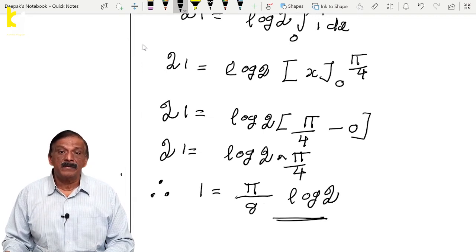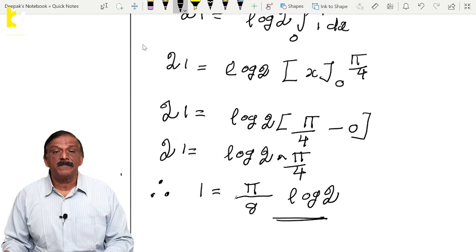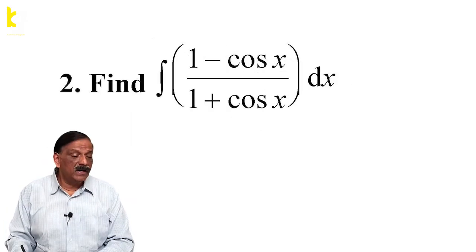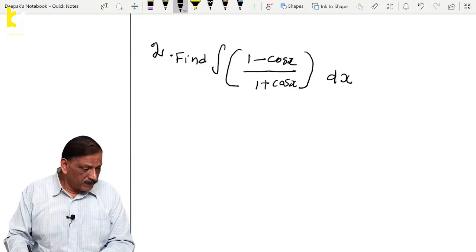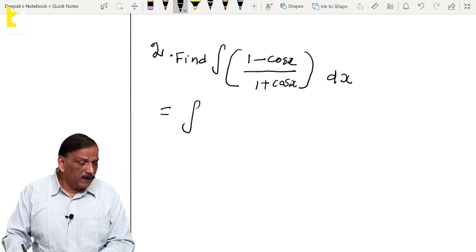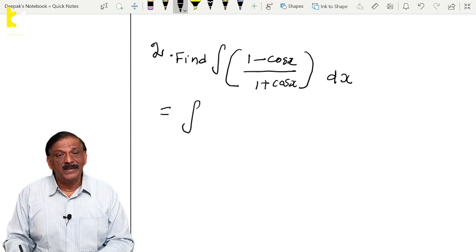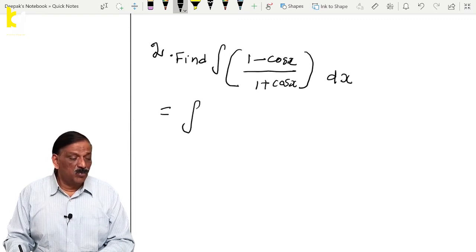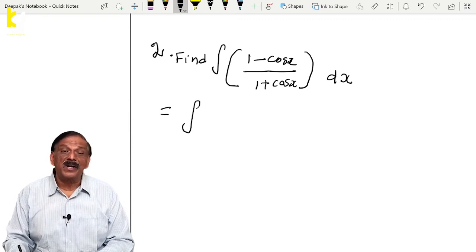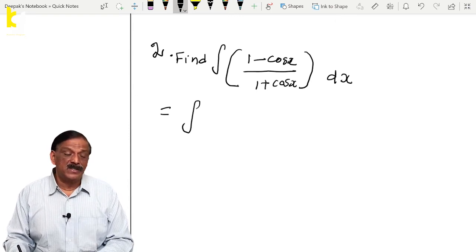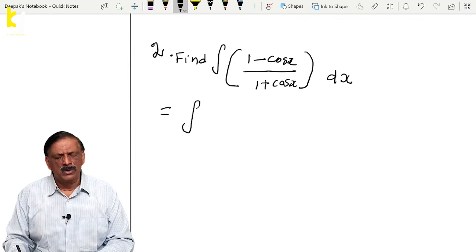Clear? Next question is, find integral 1 minus cos x divided by 1 plus cos x dx. That is equal to integral 1 minus cos x. We had already studied, that is cos 2x equal to cos square x minus sin square x, that is equal to 1 minus 2 sin square x, that is equal to 2 cos square x minus 1.